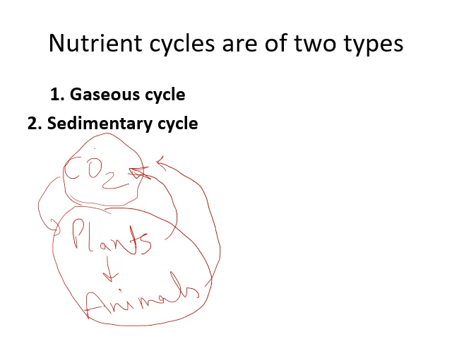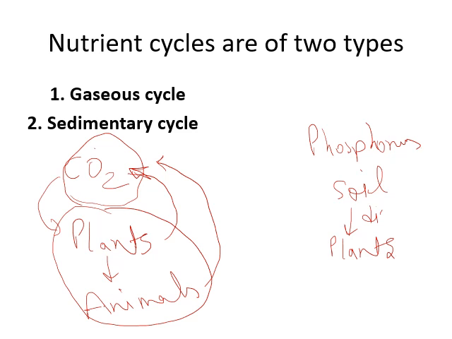And in case of a sedimentary cycle, atmospheric exchange does not take place. We can take the example of the phosphorus cycle. Phosphorus is present in soil, and plants take up phosphorus in the form of phosphate ions, in dissolved form, from soil.